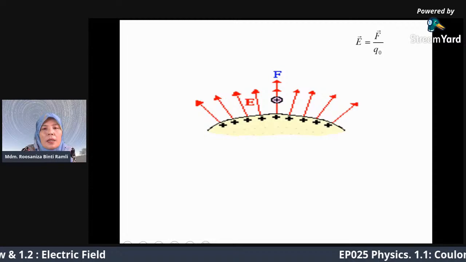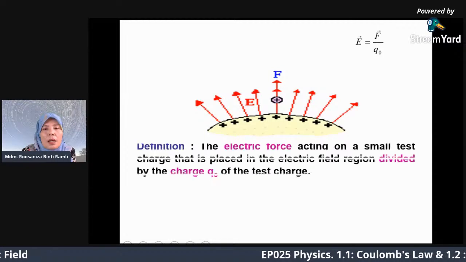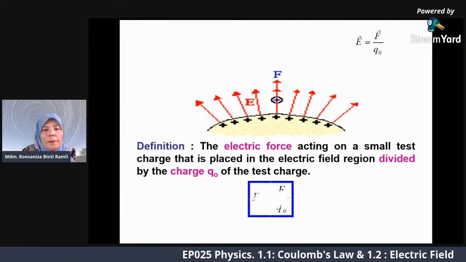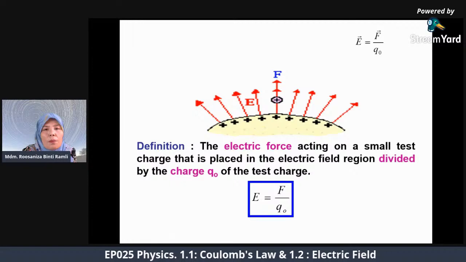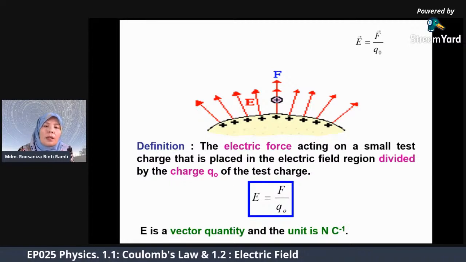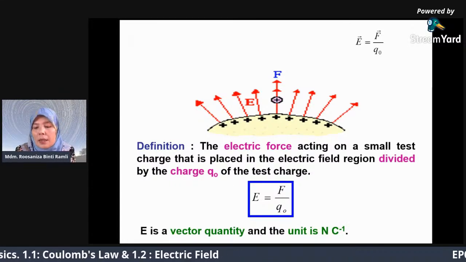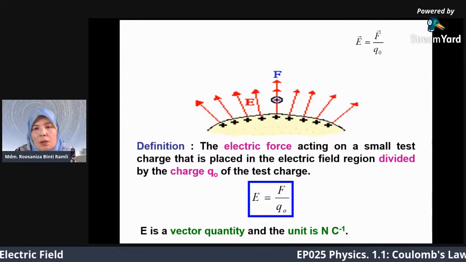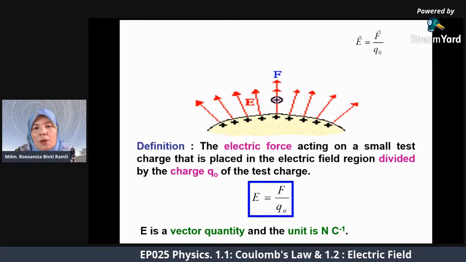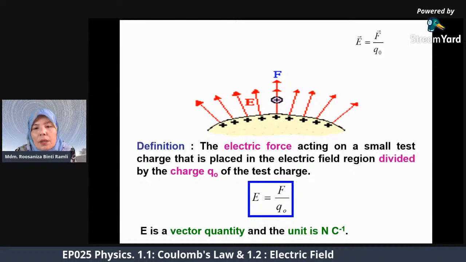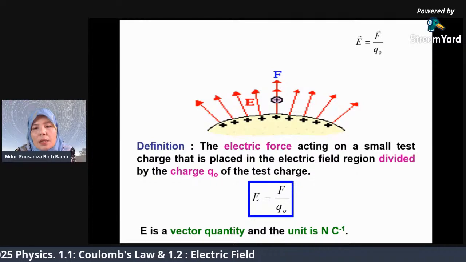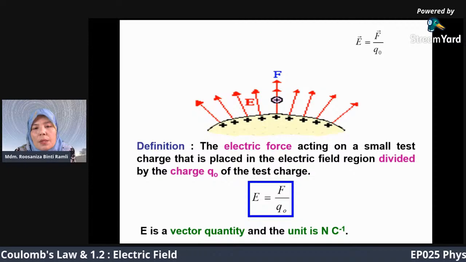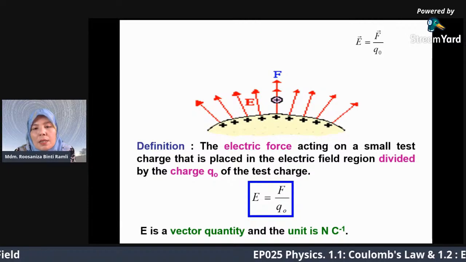Again, electric field also has direction, but it is different from the force. Force direction can be identified from the sign of the charge, positive or negative. But for the electric field, it is defined as the electric force acting on a small test charge placed in the electric field region divided by the charge q naught of the test charge.